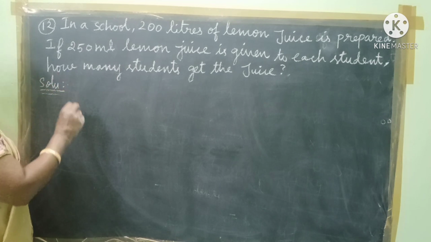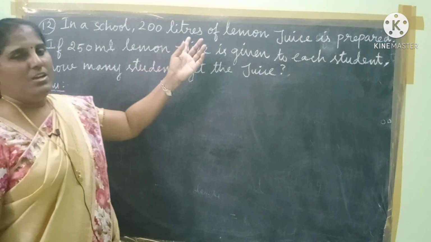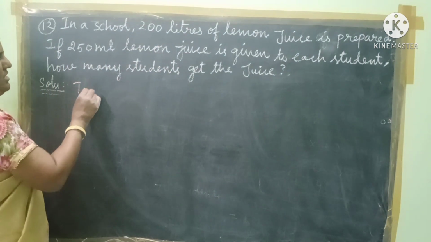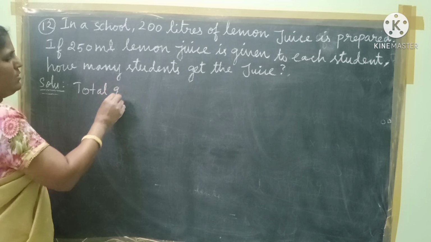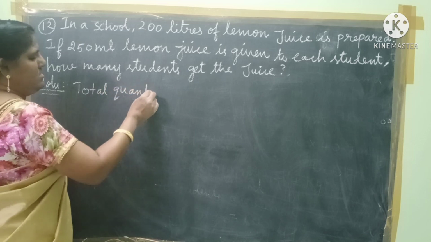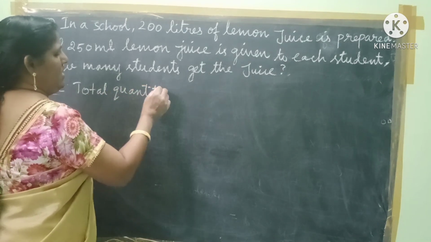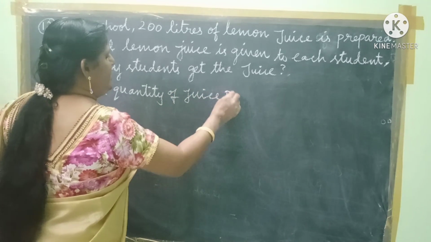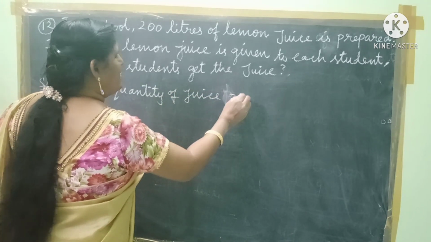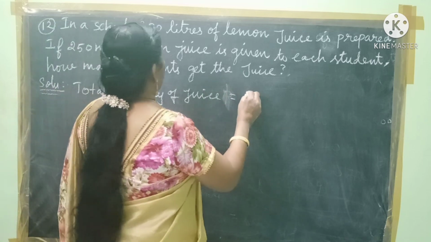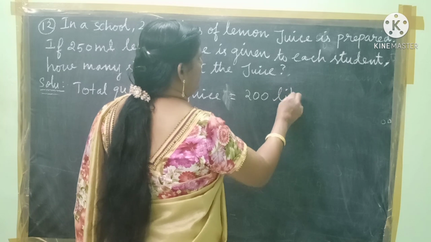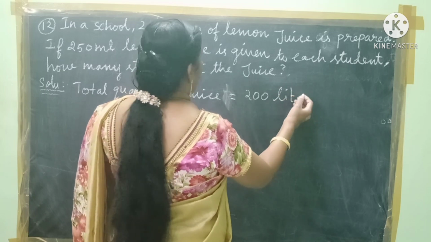If the capacity given is in liters, you put quantity. So total quantity of juice prepared is equal to what? 200 liters.